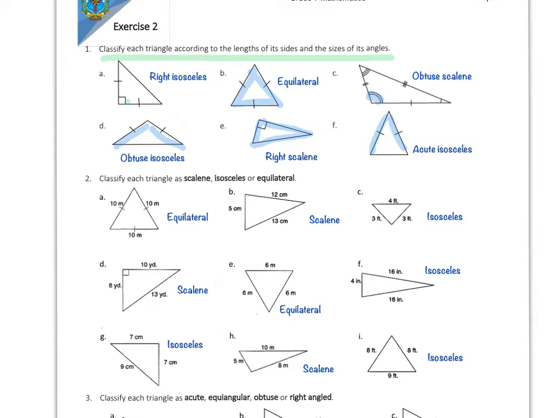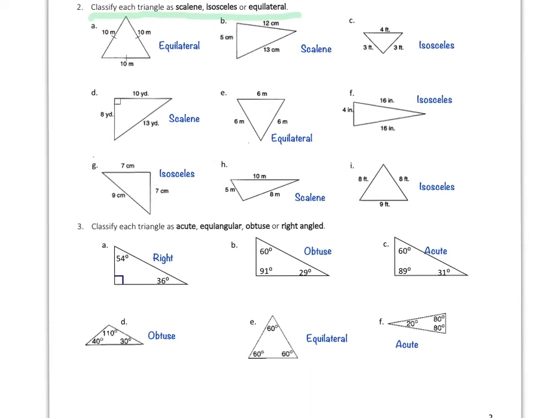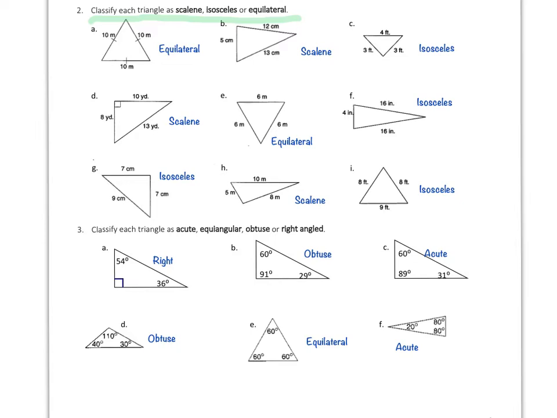Okay, so the next question says classify each triangle as scalene, isosceles or equilateral. So now we're just looking at the lengths of sides. First one equilateral, second one scalene, isosceles, and so on. On to question 3, it says classify each triangle as acute, equiangular, obtuse or right angled.